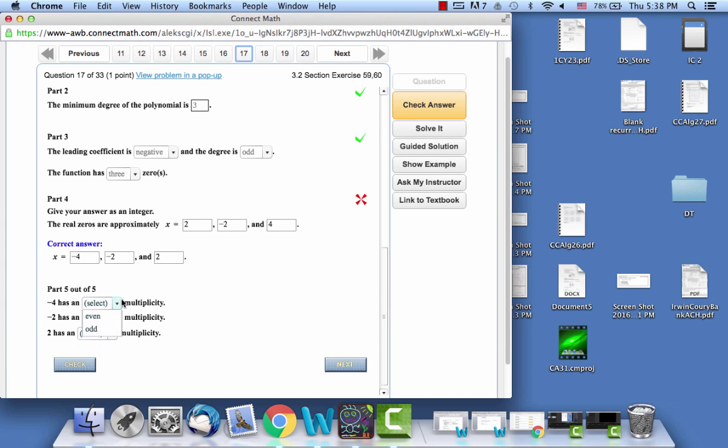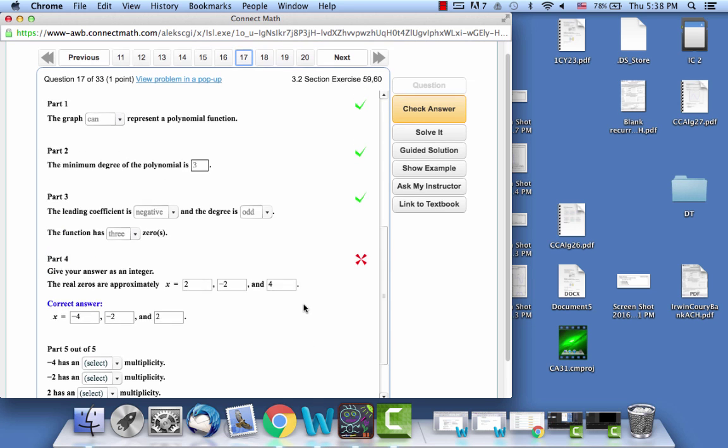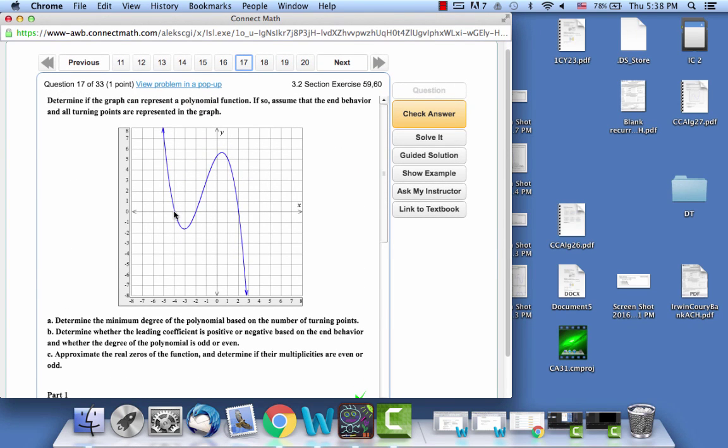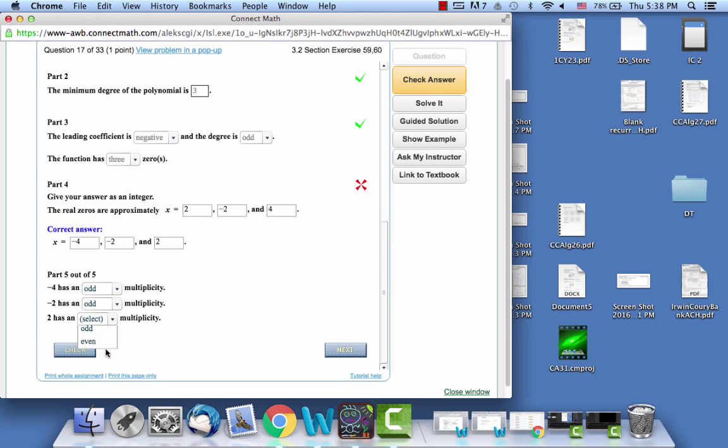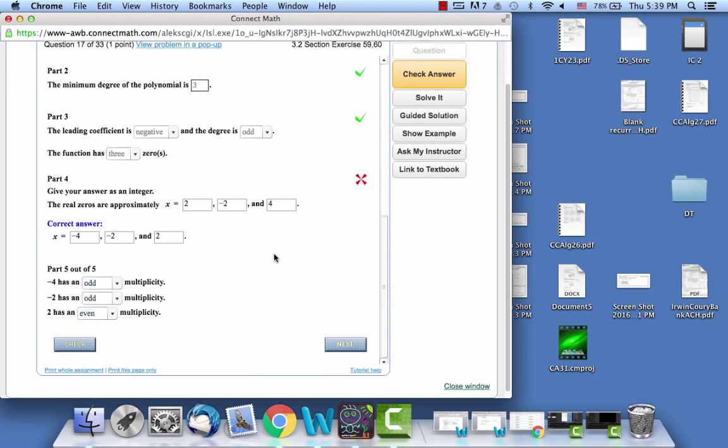Okay, now this wants us to just decide if it's odd or even. Let's go back and look. I passed through here, here, and here. Because we passed through on every single one, they're all odd. So you have to bounce off the x-axis for, oh, what? Oh, this should have been -4, I didn't type it.